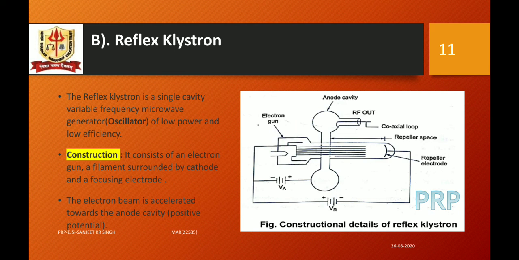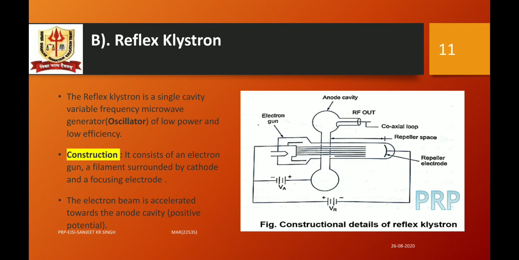As it passes the resonant cavity gap, it will travel some distance in the repeller space, depending upon the magnitude of the repeller negative voltage, and it will return back to the gap. So through the gap of the anode cavity, the electron beam passes twice: first in the forward direction, and secondly when it returns back from the repeller space.